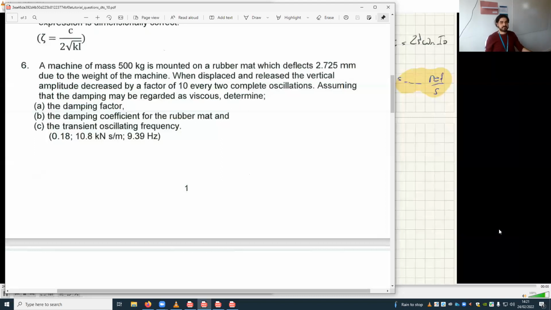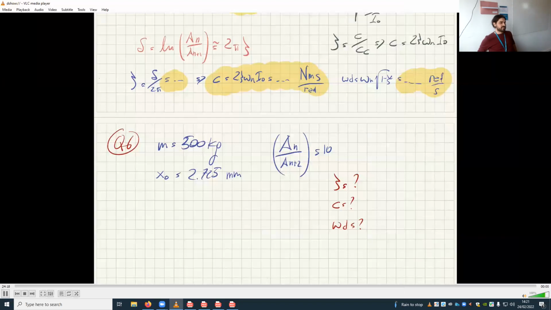There you go. Looks like we are missing one thing. We don't know k or omega n. If we knew either k or omega n, we would be able to solve this quite easily because zeta comes from the ratio of the amplitudes. The mass is given, but we don't know the stiffness. Or do we? We do know the stiffness. It's hidden in the fact that we have the deflection.